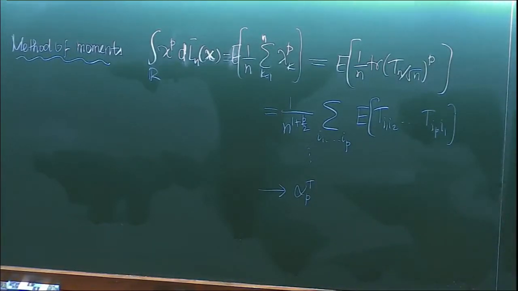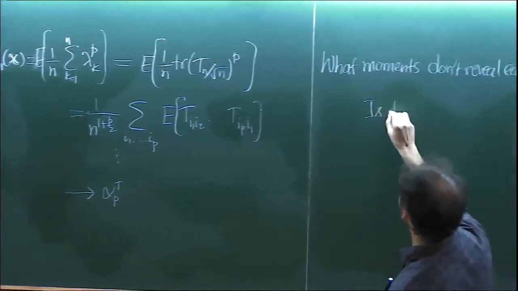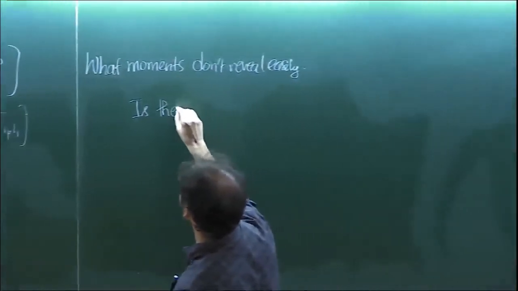But also you have a control on the tail, because if you have an upper bound on how fast the moments are growing, you have that. But what moments don't tell you, or not easily, is: does the measure have a density?